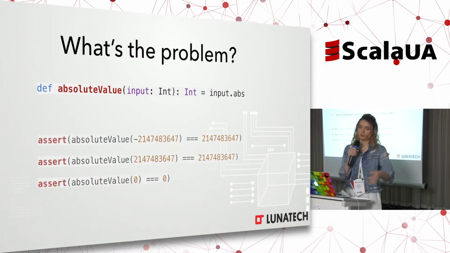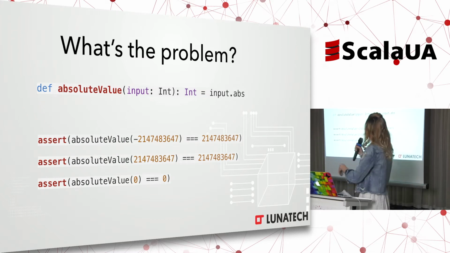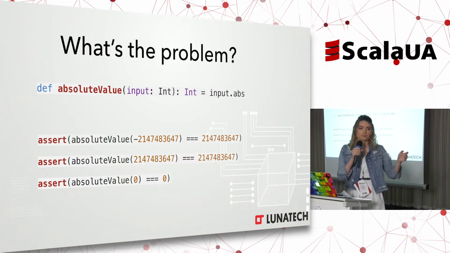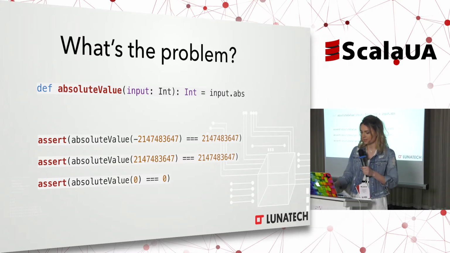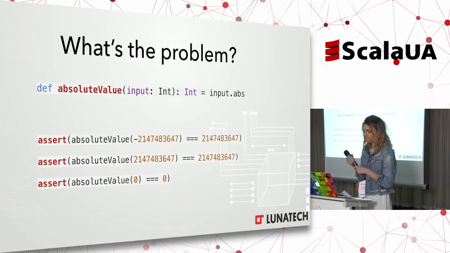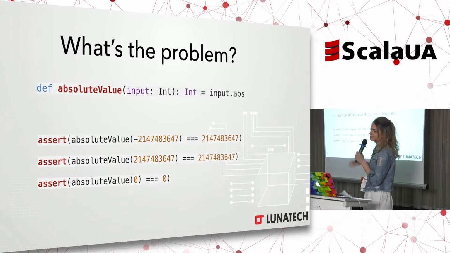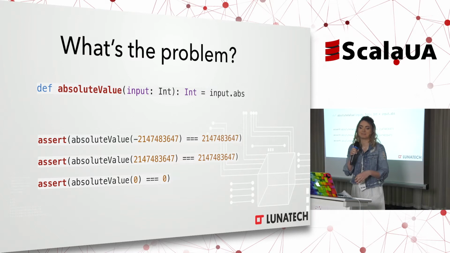So usually you want to test it also, and probably you would write something like this with an assertion, and you would think of some corner cases like minimum value, maximum value, and 0, or maybe a few more cases. But the problem is that you would run the tests, everything would pass, and you would go to production, and one day everything would break, maybe.